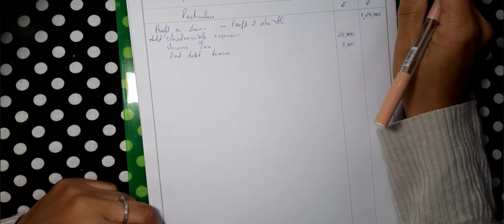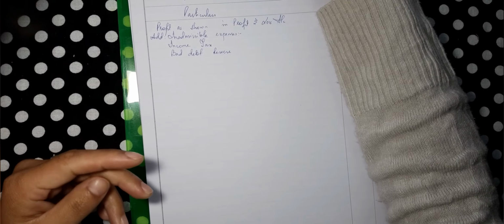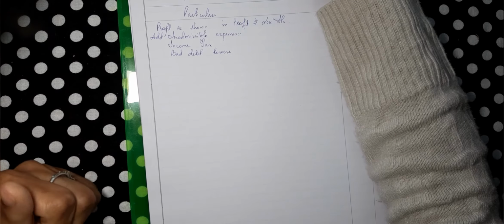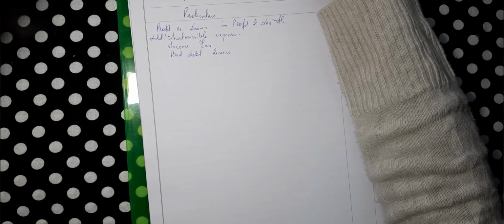Now let's have a look at our adjustments. In the adjustments they've given you, salaries include payment of salary to partners Alpha and Beta, 24,000 and 10,000 respectively. Originally, salaries are allowed as an expenditure because they are payments to employees of the firm. However, partners are owners of the firm practically, right? So salaries paid to partners are not deductible in the calculation of income from business.